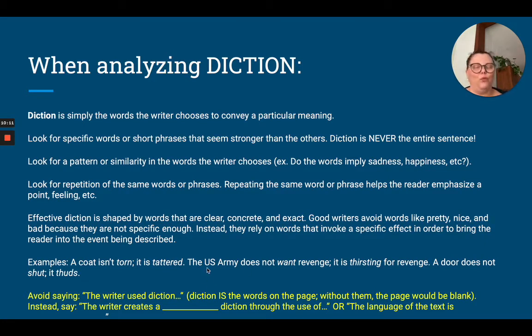So avoid saying the author used diction. Diction is the words on the page. Without them, the page would be blank. So anytime there's writing, there's diction. So you never want to say the author used diction.